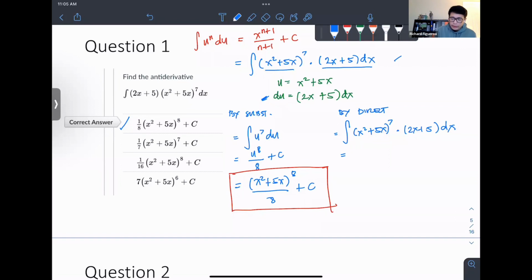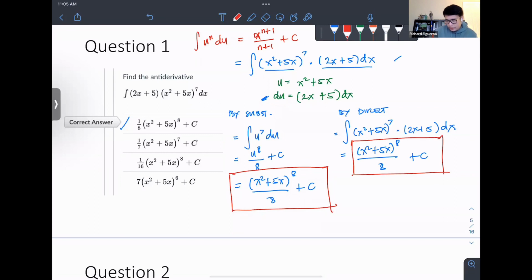So right away, we can use the formula u raised to n plus 1. That would be x squared plus 5x raised to 7 plus 1, which is 8, all over 8 plus c, which is just the same. The solution is just direct. So that is for question number 1.